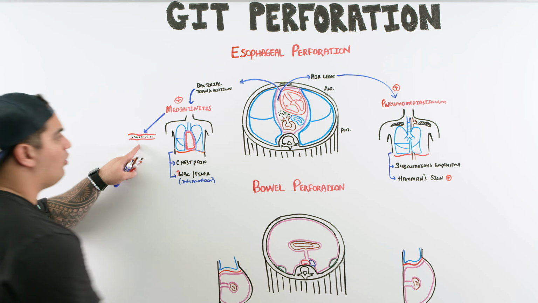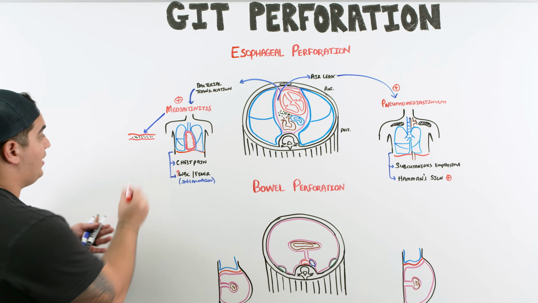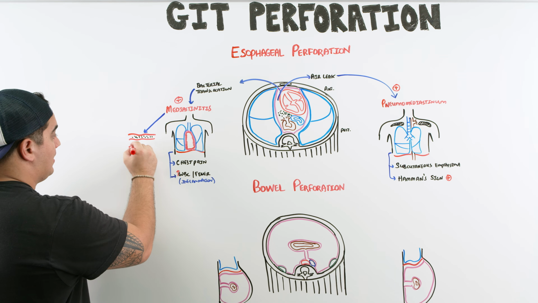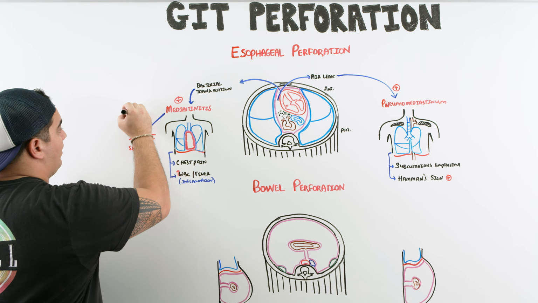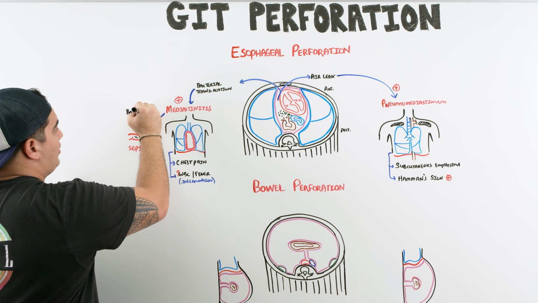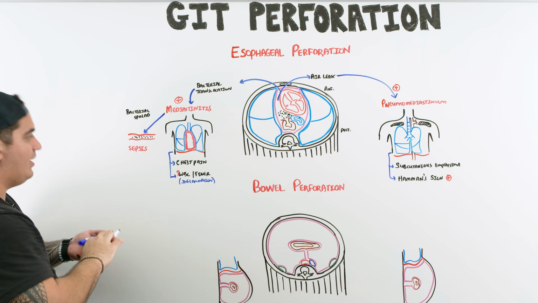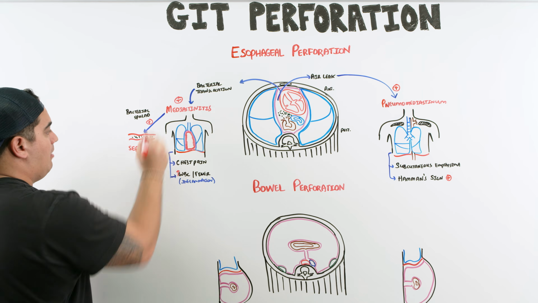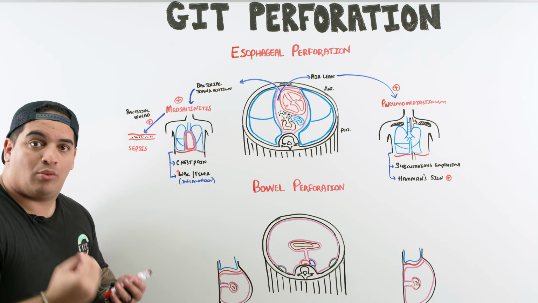This can easily go around and cause systemic features of infection. And so now this patient has developed sepsis. So it's pretty scary to understand here that bacterial translocation or spread to the bloodstream could be a very ominous sign, because now these patients will have bacteria within the actual bloodstream.